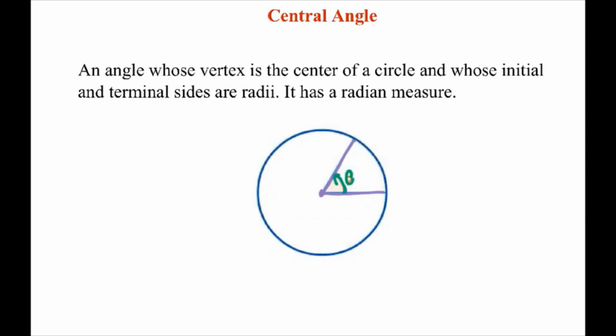Now there are certain things that we need to know about this central angle. From here to here, that's an arc. We call it S. A radius is R, and theta is going to be in radians. That's the most important part. Theta, it's called the central angle, and it has to be in radians.